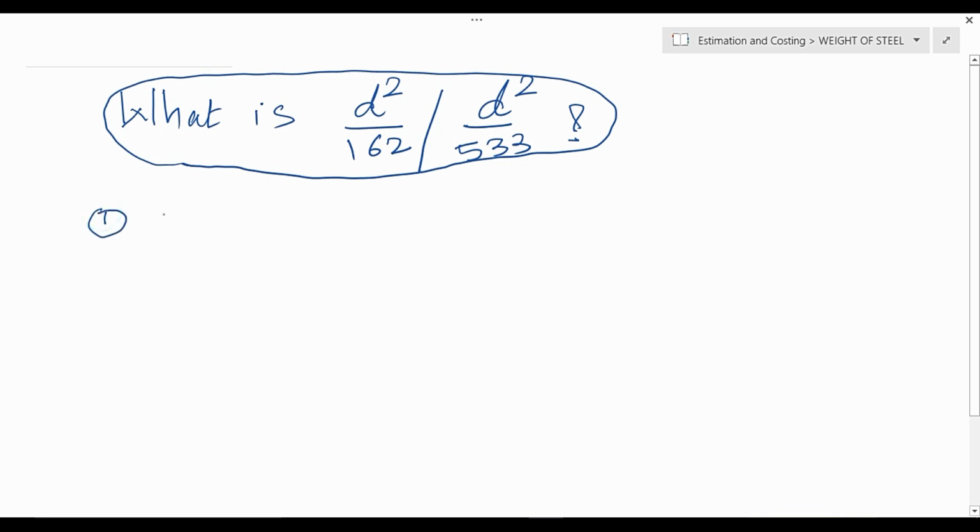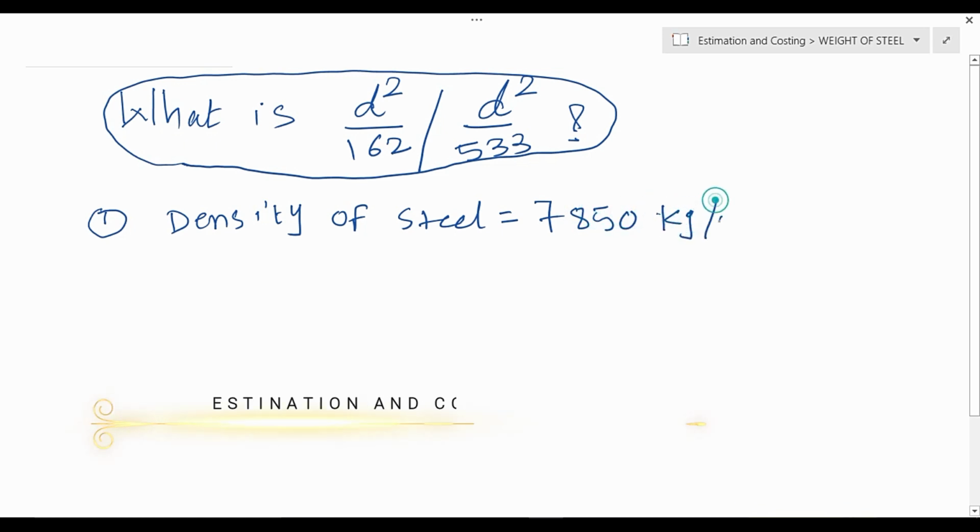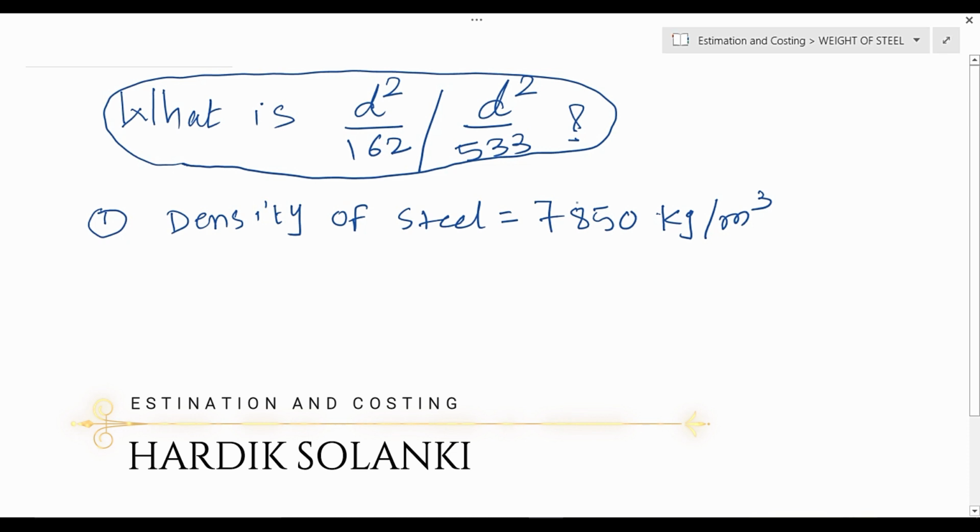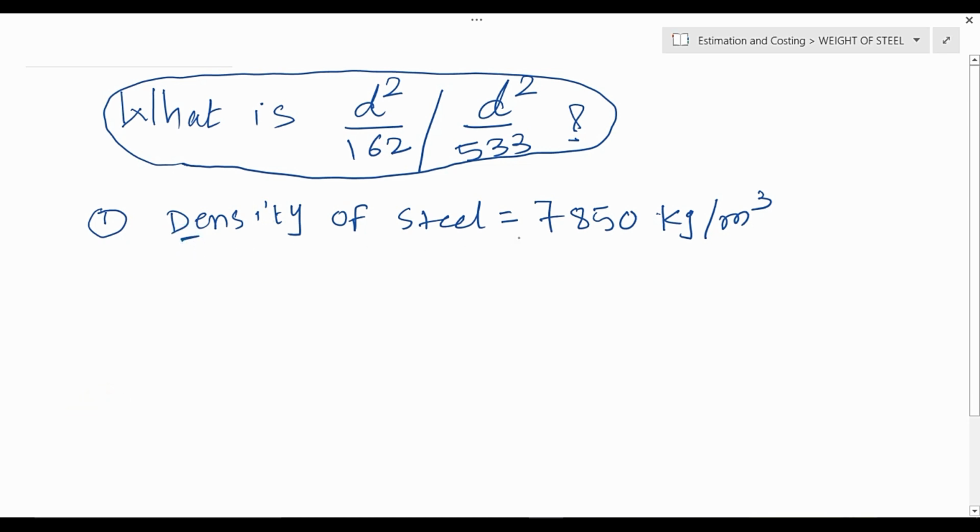First thing we have is the density of steel. You all know this value, that is 7850 kg per meter cube. Then I need to convert this into kg per mm cube.